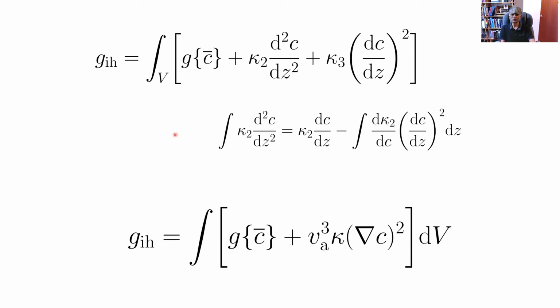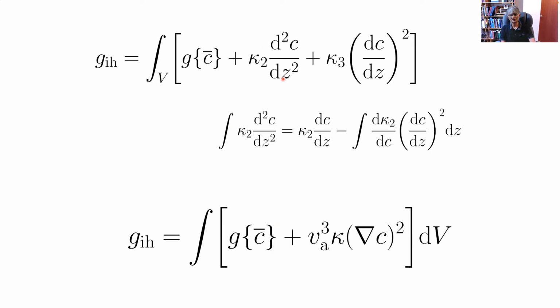And again, if you do a significant amount of algebra, you end up with this classic equation, which gives you the free energy of a heterogeneous solution as a function of the average of the free energy of a homogeneous solution.